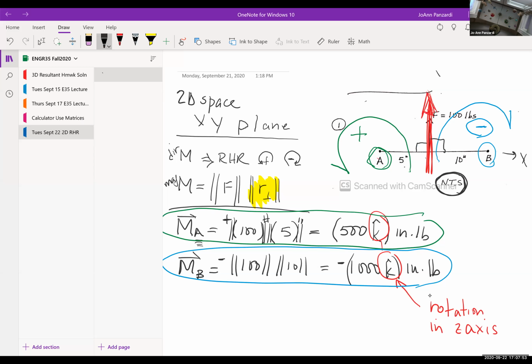Sorry, I didn't tell you. So if we're given a force and we know the perpendicular distance to point A, this is how we're going to solve it. Absolute value of the force times absolute value of the perpendicular distance. And then we're finding the direction by using our right hand.